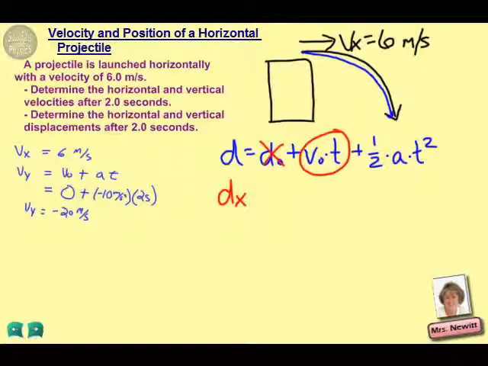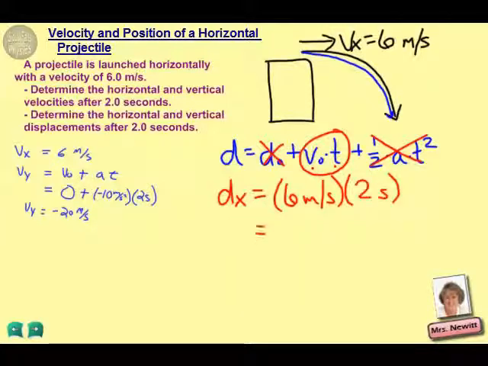However, in the horizontal direction, we do not have any acceleration. So all we're left with then is initial velocity times time. Our initial velocity is 6 meters per second. Our time is 2 seconds. And so in the x direction, after 2 seconds, it has traveled a total of 12 meters.